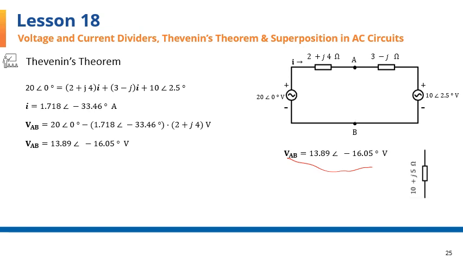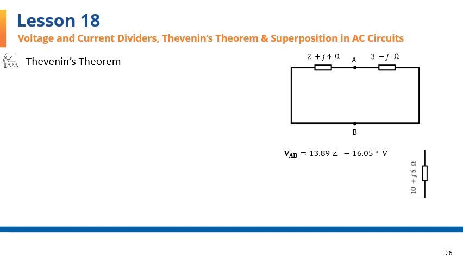This next step is to zero out the voltage sources and find the equivalent impedance seen from port AB. The equivalent impedance is simply the parallel combination of these two impedances.